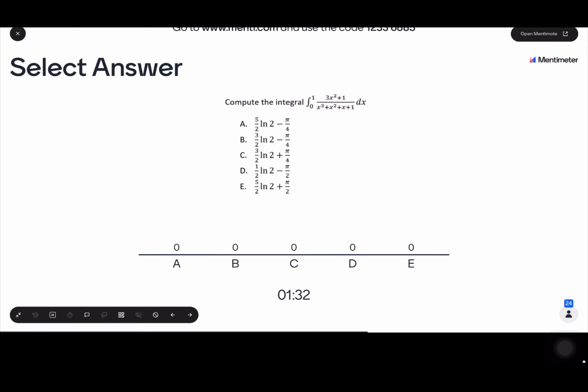Yeah, 15 to 20, with no mistake in computation, maybe.